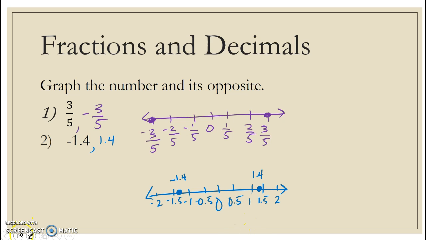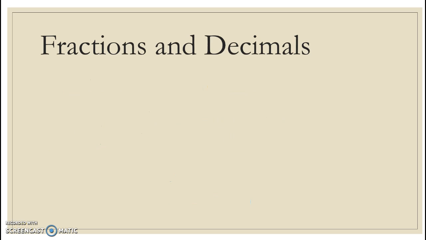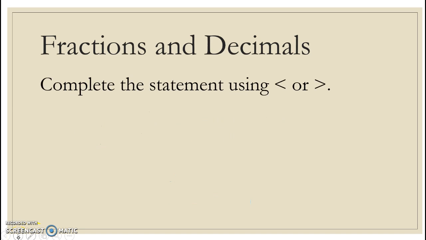Okay? So our next ones, we're going to be comparing. So we're going to be writing another math statement, so basically filling in with less than or greater than. We have negative 3 and 28/100 and negative 3 and 72/100. So with these decimals, there's a few ways we can think about it. One is always the number that's farther away from 0 on a number line is the smaller.